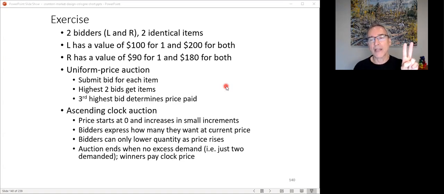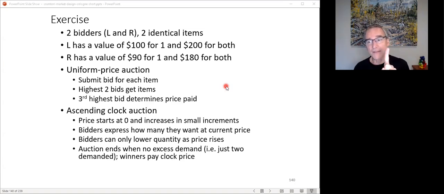Well, let's think about what would happen if then you bid for 1 item. What if at a price of 0, you bid for 1 item? Well, then the circumstance for Isabel, the L bidder, changes quite a bit.